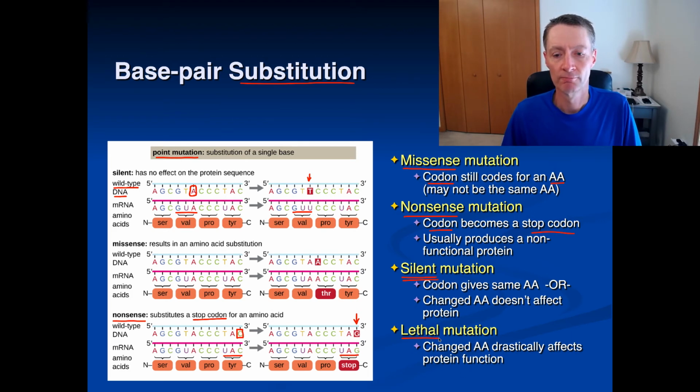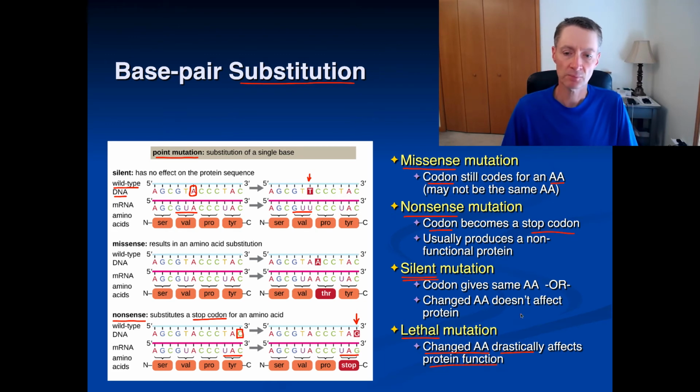Lethal. Now, in this case, you think lethal, and it might be like the death of something. But lethal in this case would be there is an effect. There is a detrimental effect in the fact that a changed amino acid or a lost set of amino acids drastically changes how that protein functions.